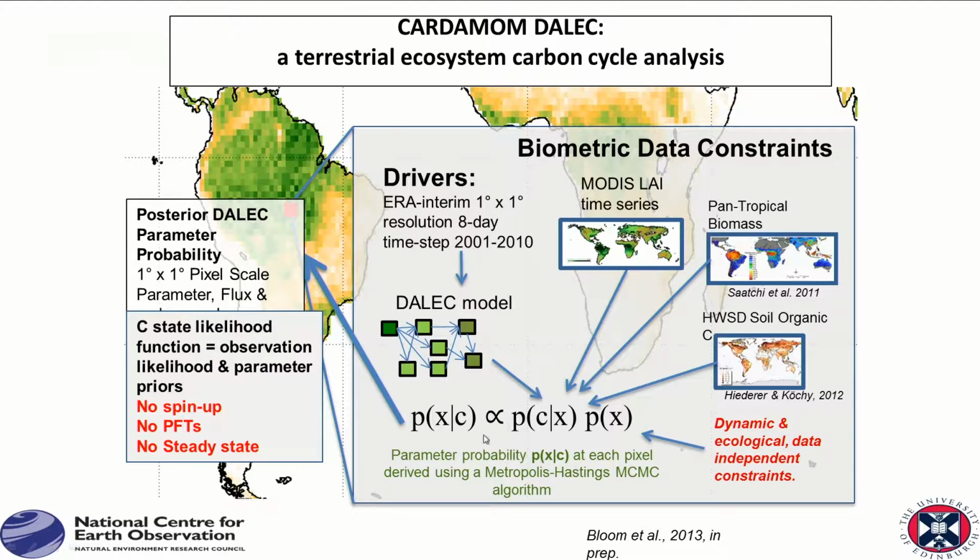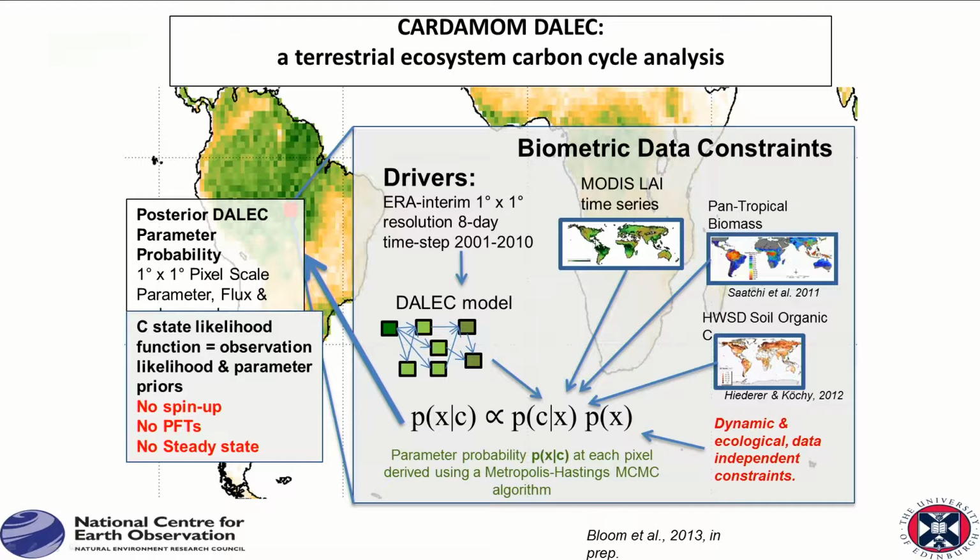This is what Amos wrote down. So they work at each pixel. They've got a probability distribution of a given quantity x, given observations. It's related to the likelihood and the prior probability of x.